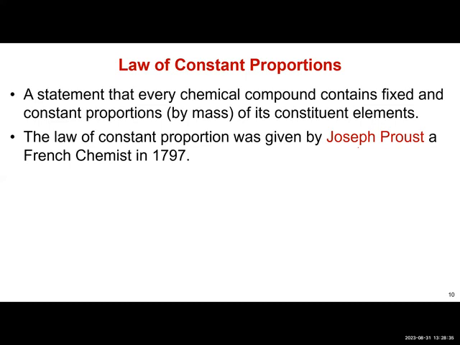The law of constant proportion is called this law. In a compound, the elements have fixed proportions, 1 to 2, 2 to 3, like that. This idea came with Joseph Proust.